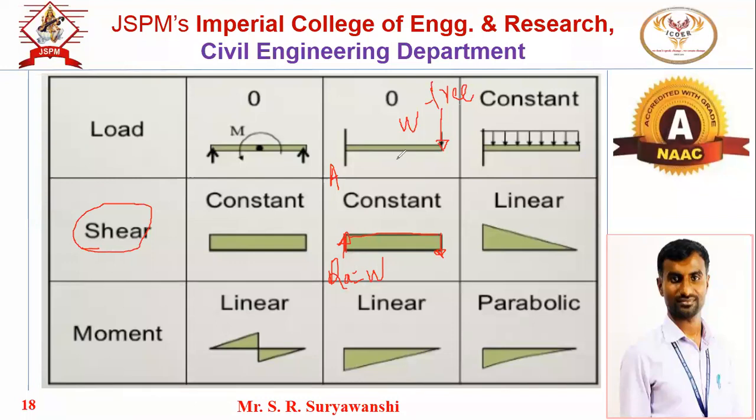Now we know that for a cantilever beam, the bending moment generated is hogging, or negative bending moment. So the BMD of a cantilever beam is always below the reference line, plotted below the reference line.